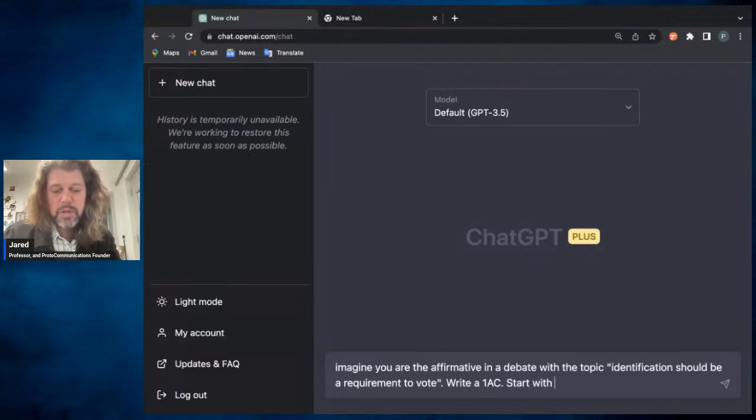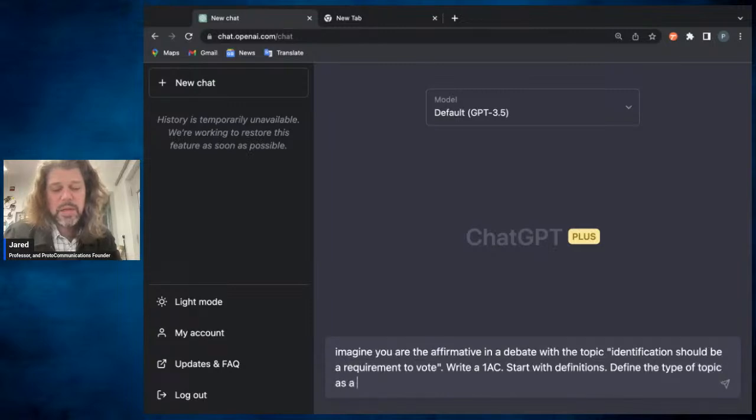Start with definitions. Start with the type of topic as a question of policy. Explain.